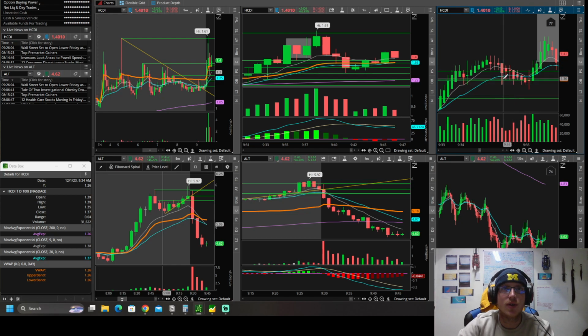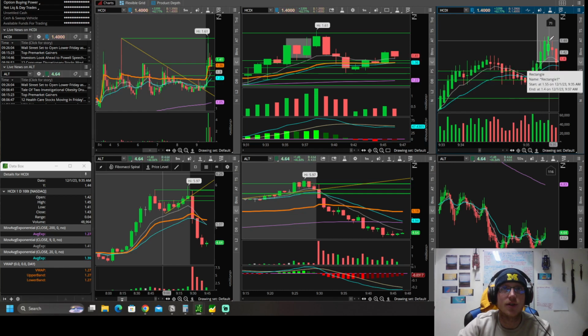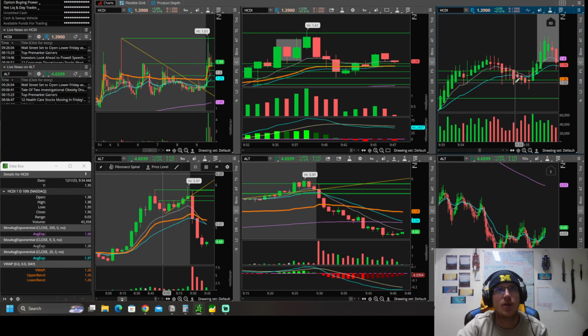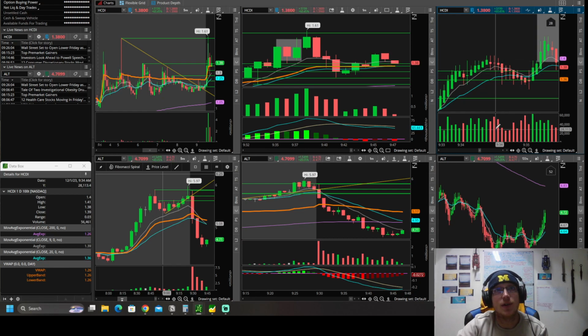Ignore. Actual first bounce. Top. Second bounce is the entry. Flush. Pop. 1. Pop. 2. Green. In.